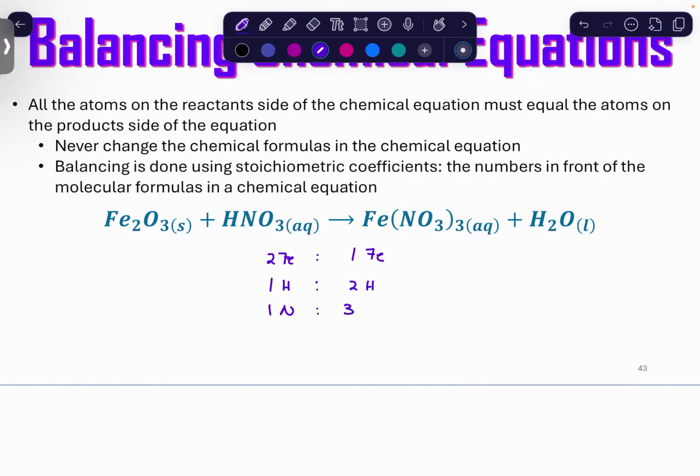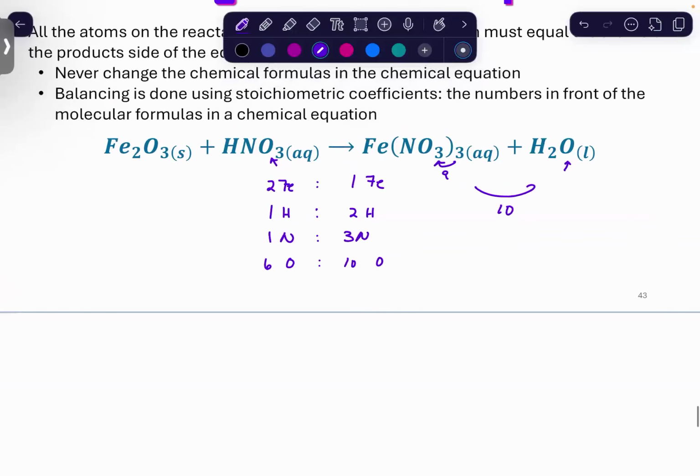On the right, I have 3 nitrogens. And on the left, I have 6 oxygens. And on the right, I have 10 oxygens. Okay, so let's figure that out. Here, see my 3 oxygens. Here, 3 times 3, that's going to be 9 of my oxygens plus 1, 10 oxygens. Make sure you're working with those subscripts, how they work.